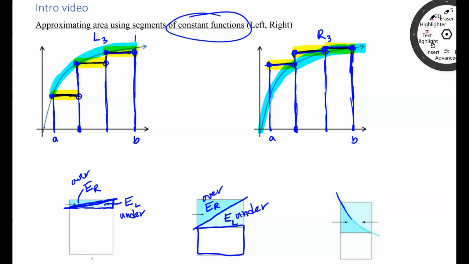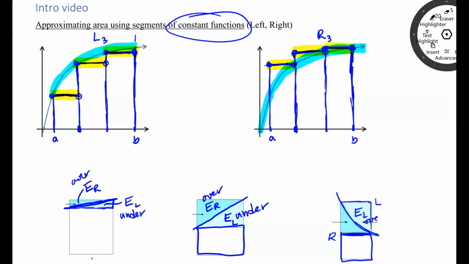And then in this last one, here's our curve coming along. This time, our left-hand rectangle, the top of it is up here, so they've kind of reversed on us. And our right-hand rectangle is this bottom chunk right here. So now this light aqua chunk is above the curve, and that is the area that our left-hand rectangle captured and our curve did not.